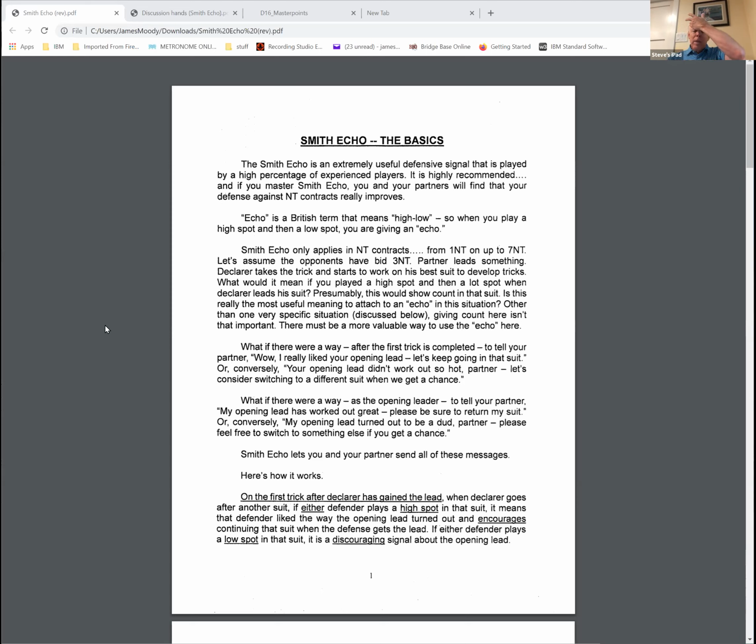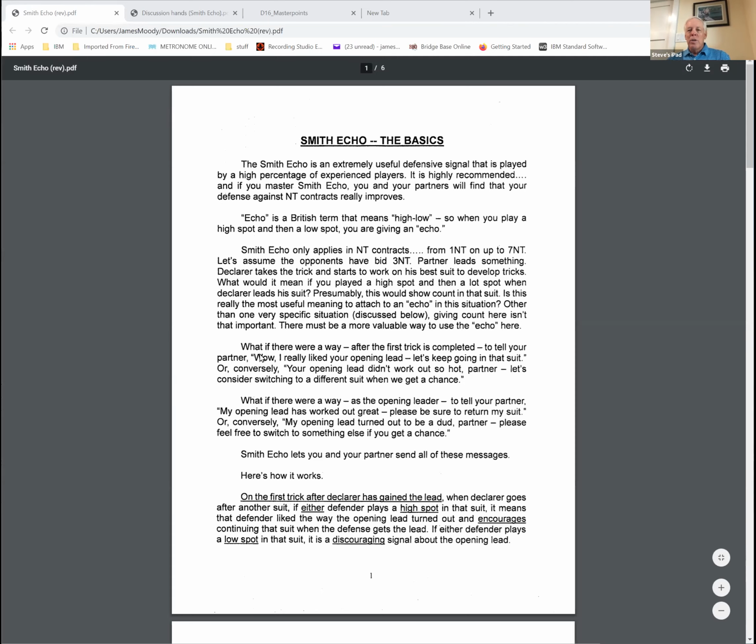As far as the name of the convention, most good conventions are named after somebody, usually after somebody who thought of it, like Easley Blackwood made up Blackwood, and Sam Stayman gets credit for Stayman, and Oswald Jacoby gets two of them for Jacoby two no trump and Jacoby transfers.